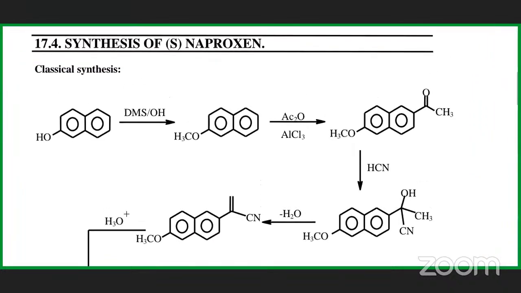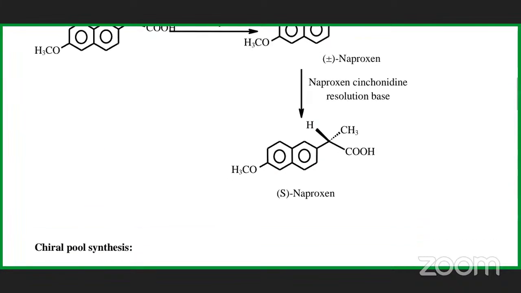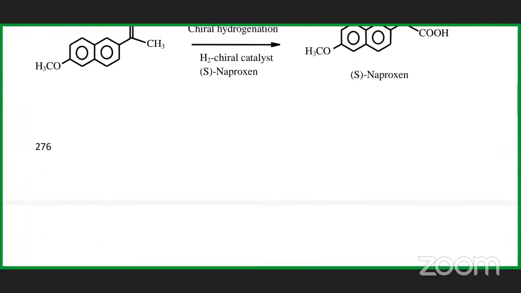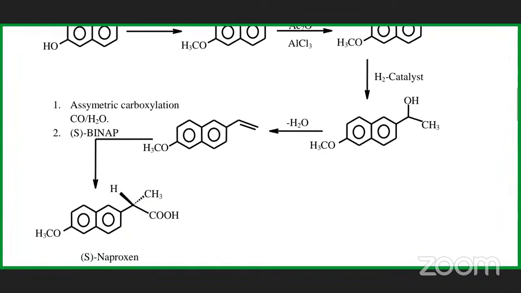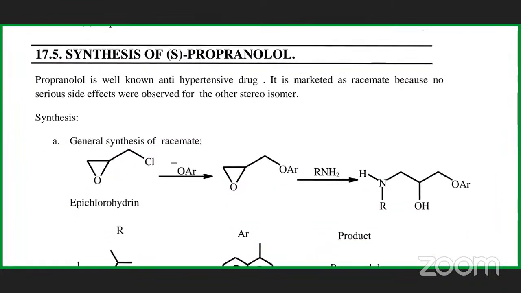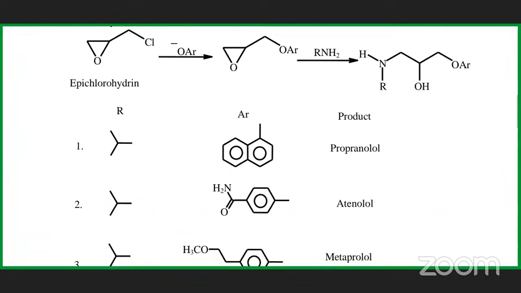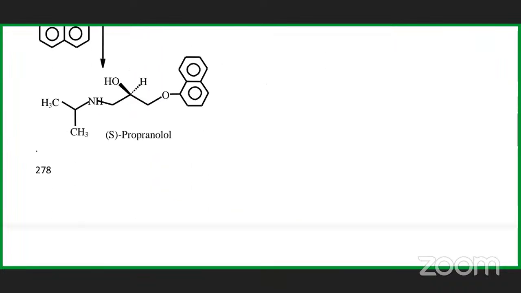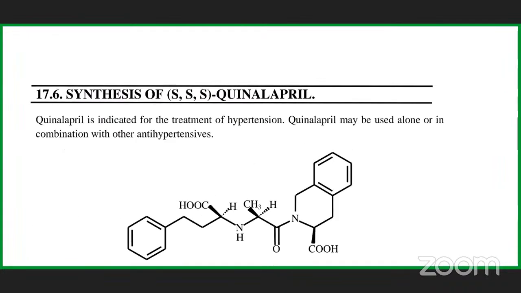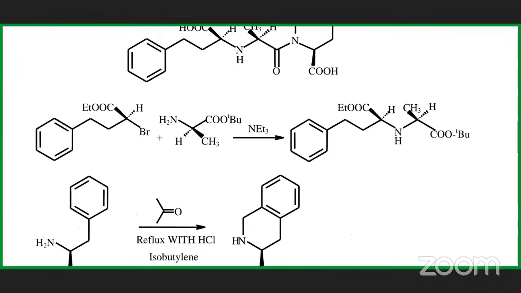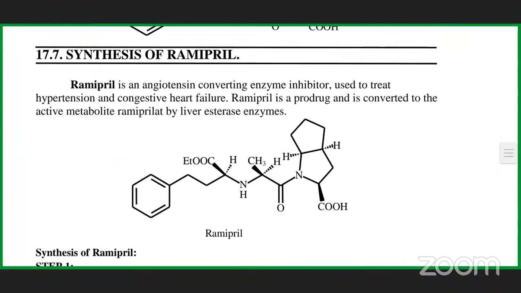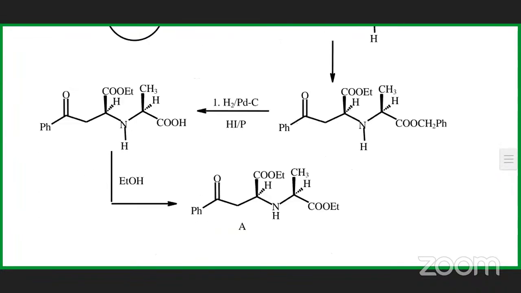But my advice is that you select some important ones, like ibuprofen, which is a repeated question. Propranolol is also easy to remember. And one more drug I can say is enalapril. This is somewhat difficult because the structure is difficult. Ramipril also, and you can go with this.